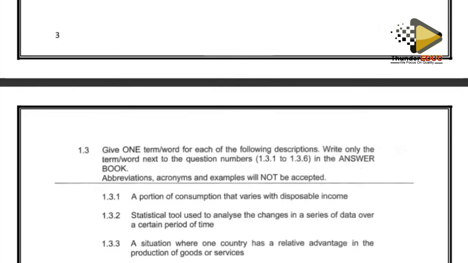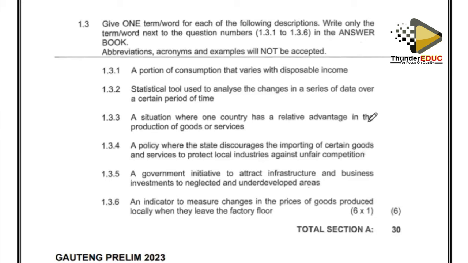The next question that we have, 1.3. So now 1.3 reads as follows. Give one term or word for each of the following descriptions. Write only the term or a word next to the question number, 1.3.1 to 1.3.6 in your answer book.